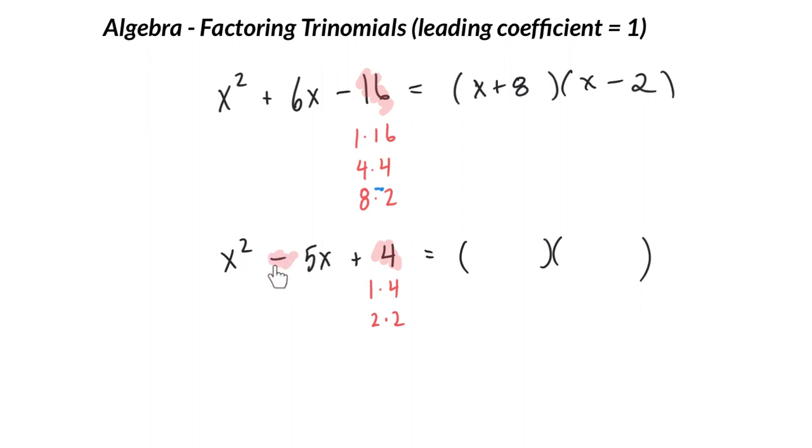Well, the fact that this is -5, there's no way that these pairs can both be positive. They must both be negative. So think -1 plus -4. That will do it. -1 plus -4 is -5. So we're going to have 2 negatives here. So we're going to have x minus 1 and x minus 4. So be careful with your signs, but always start with that last number. List out your factors, list out your pairs that would multiply together, and then start worrying about if it's a positive or a negative and how you're going to get it to add up to that coefficient of x.